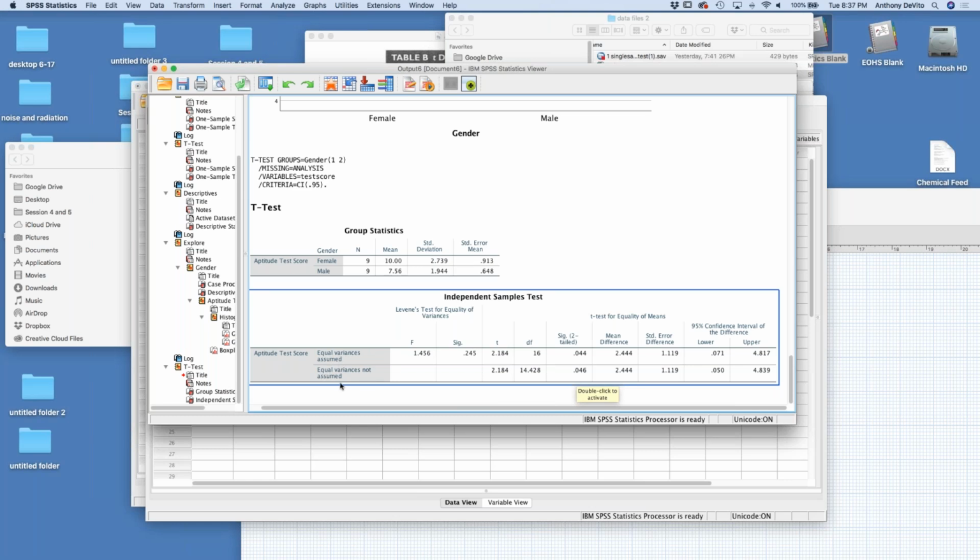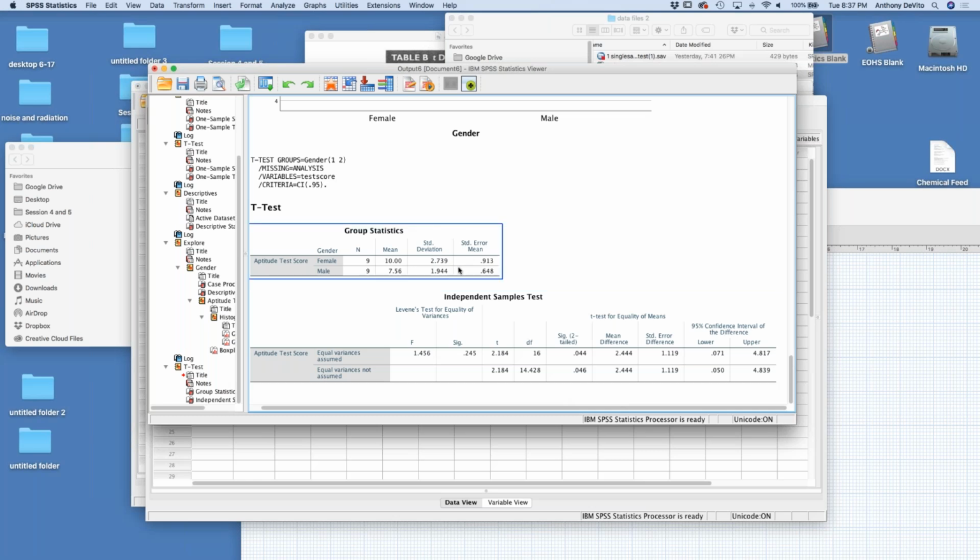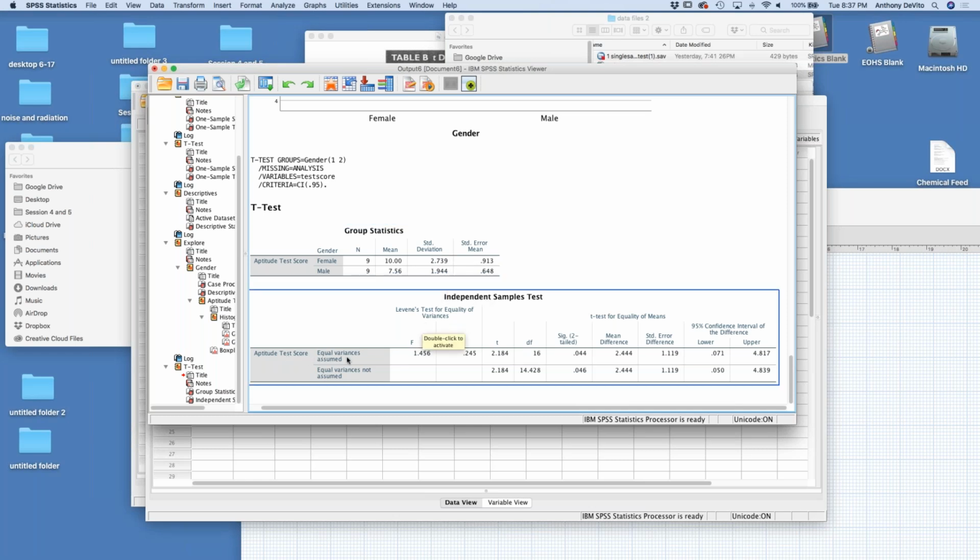Do you remember what I said about assuming equal variances in this particular case? Since the standard deviations were not, one wasn't double the other, I would just assume equal variances. Well, in fact, that means I would stick with the top row. This calculation, test for equality of variance, does exactly that. It does it mathematically, not just by glancing at it and saying one is double the other.